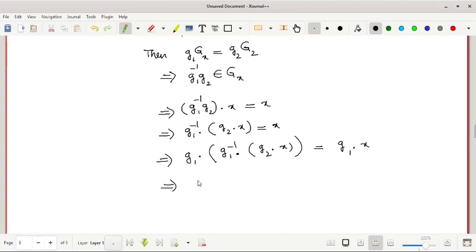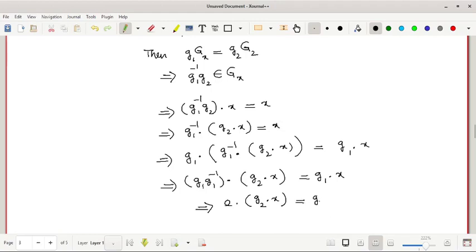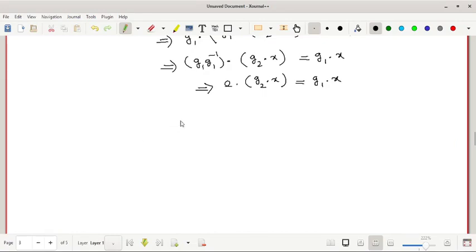This implies g1 inverse acting on g2 acting on x is equal to g1 dot x. But g1 inverse g1 is the identity. Identity dot g2 dot x is equal to g1 dot x. By definition of action, this is g2 dot x equal to g1 dot x.